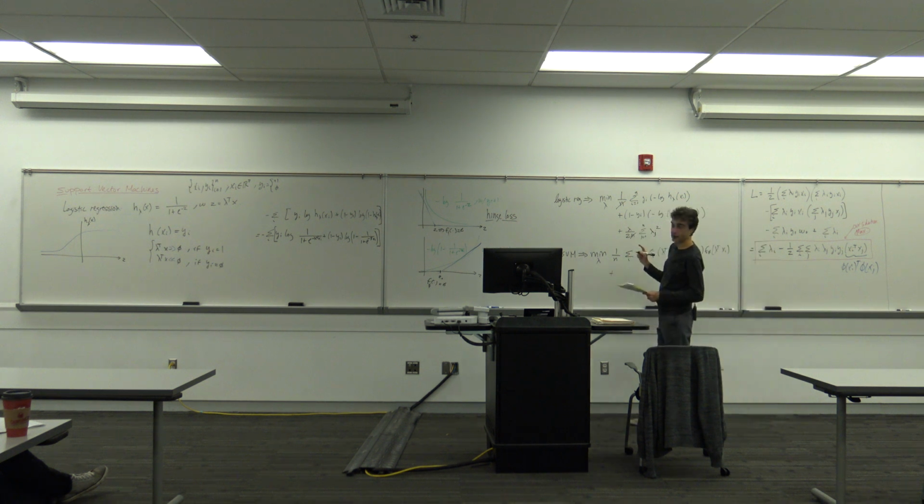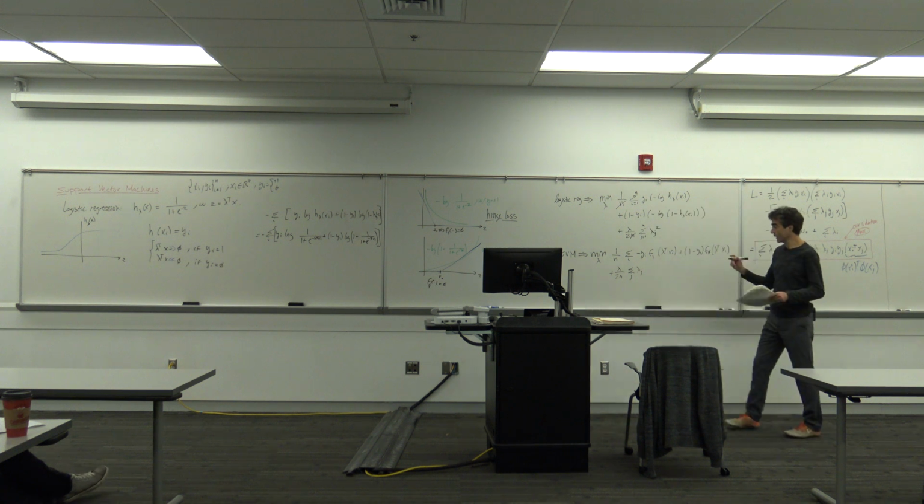I already erased that, but I have it right there probably. Plus lambda over 2n, the sum over all j of lambda_j squared.